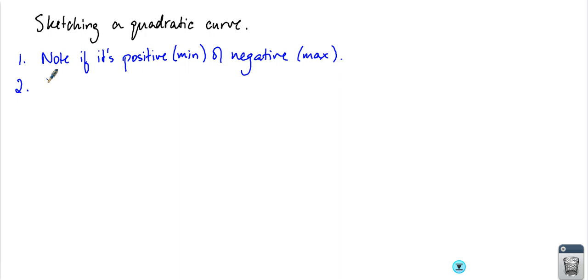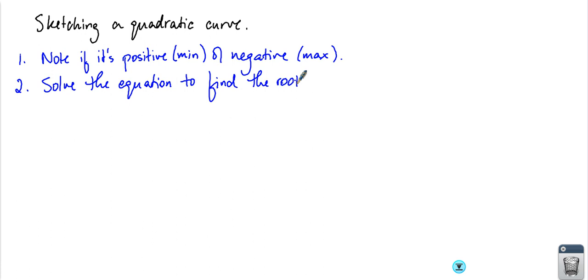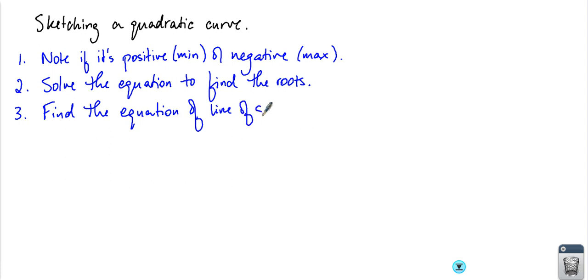Number two, you need to solve the equation to find the roots. Number three, you need to find the equation of the line of symmetry, because a quadratic curve has symmetry, right? And that is always found midway between the roots.